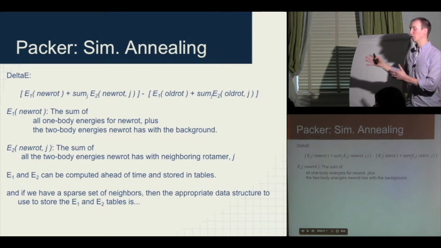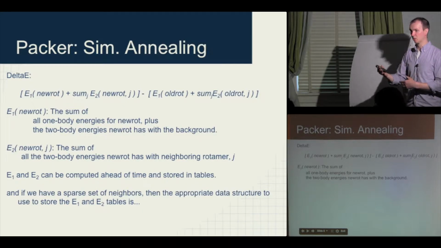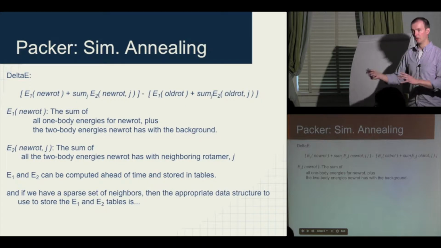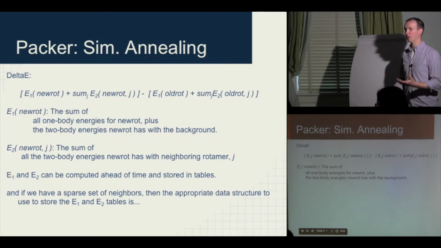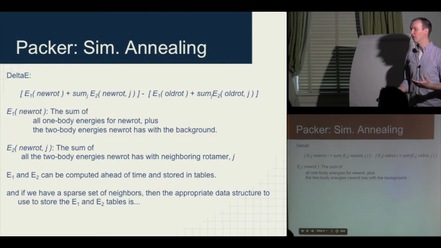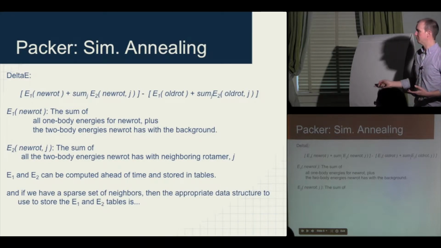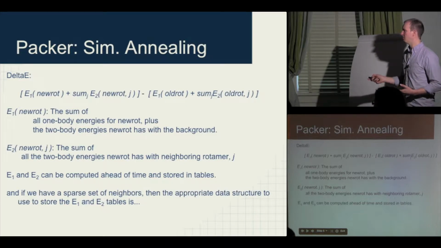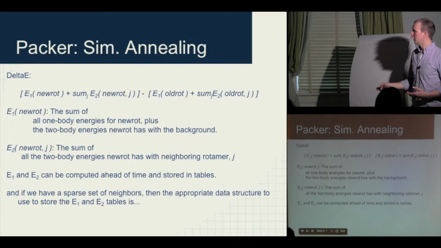There's certainly the backbone, and you can have the Lennard-Jones interaction with the backbone that's not moving. But there are also other entire residues that you can disable during packing that you just consider part of the background, and they're fixed. The two-body interaction energies with those residues would get folded into the one-body energies. And similarly, as I've already said, the two-body energies are all the two-body energies the new rotamer has with a neighboring rotamer J.